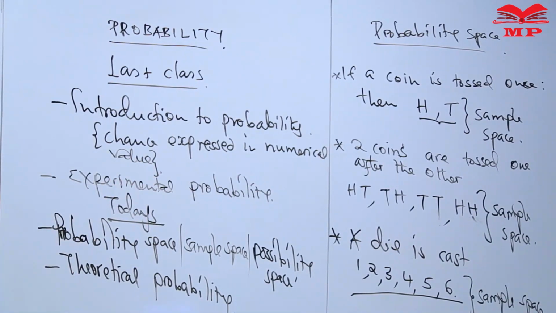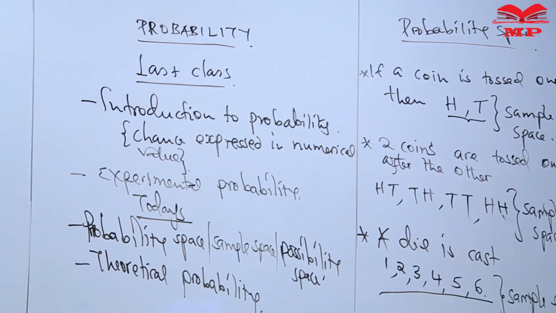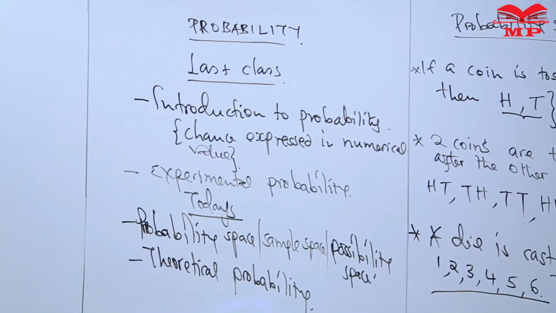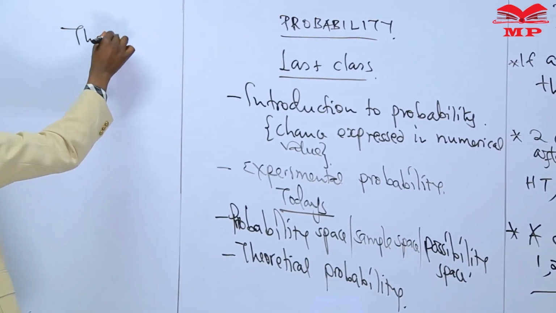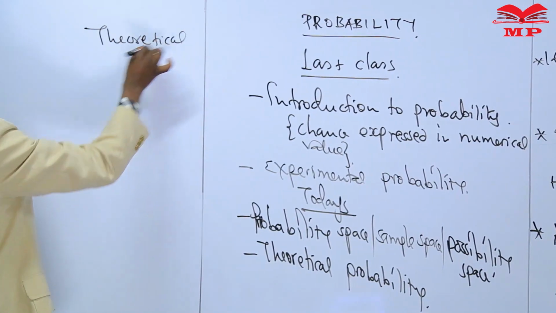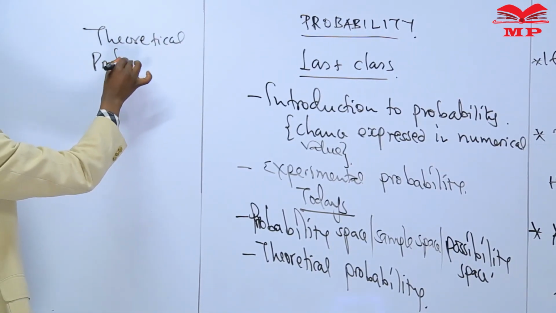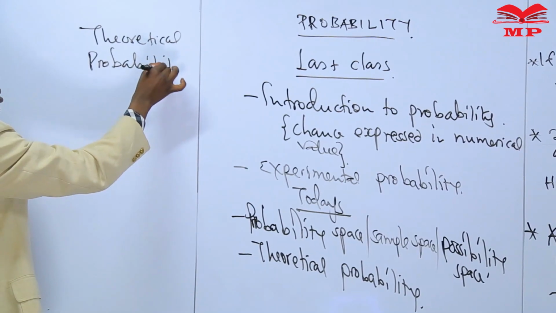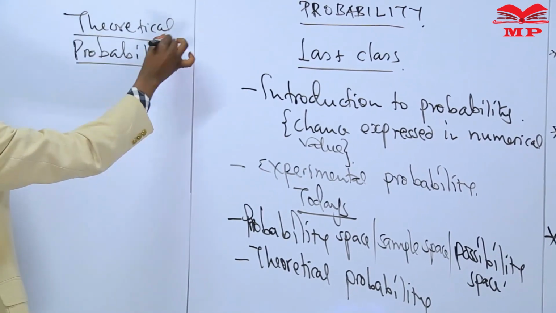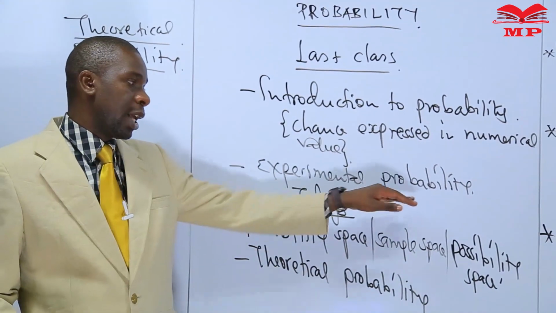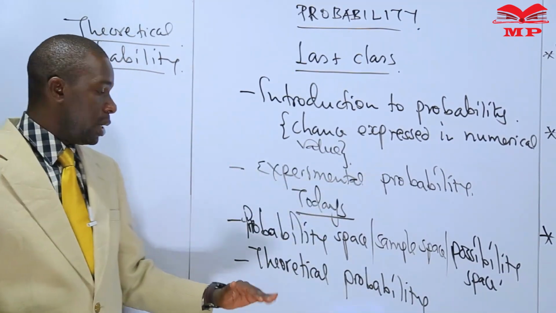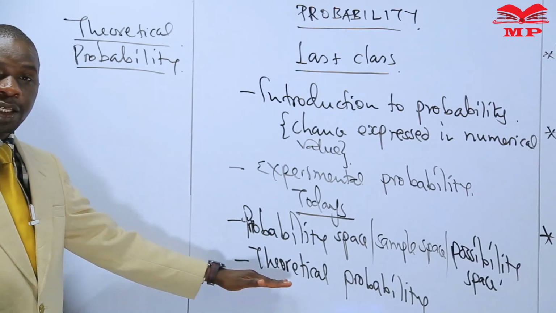I want us to move straight away and look at what we are calling theoretical probability. Now, viewers and learners, we have looked at experimental probability, and now we are looking at theoretical probability.